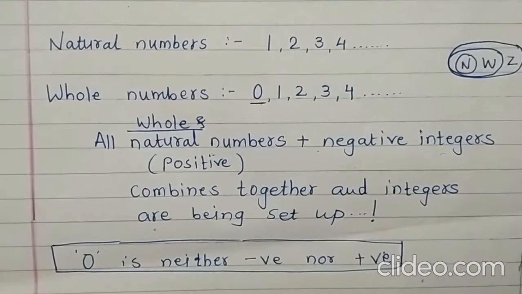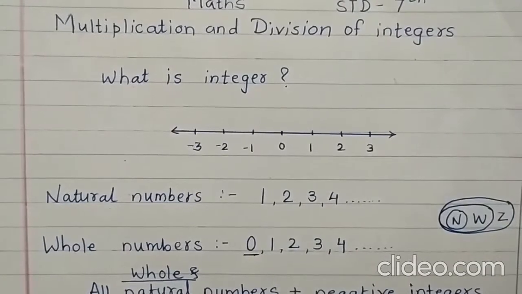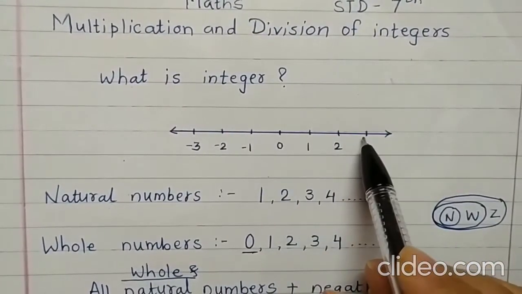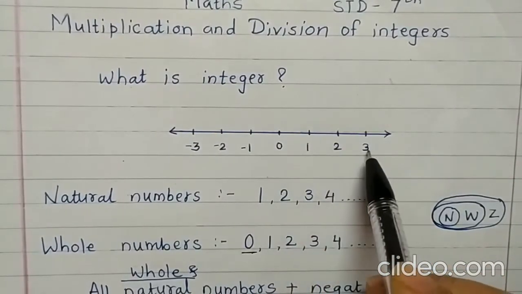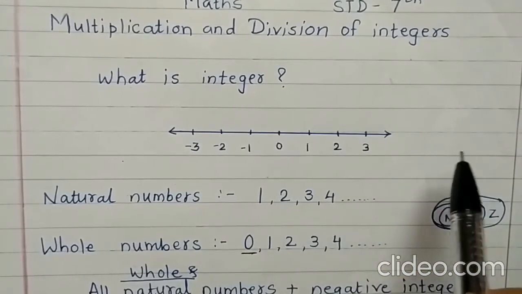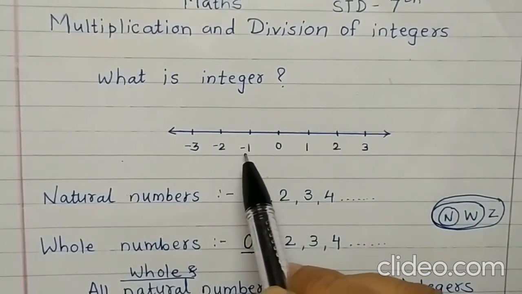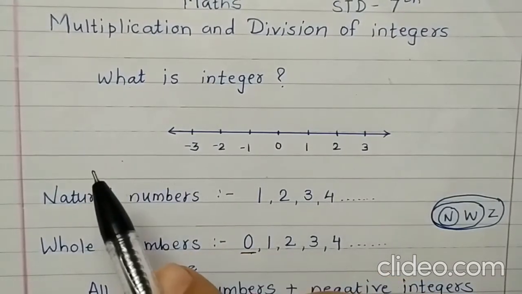In 6th standard you must also have seen a number line. On a number line, from 0 to its right side all positive numbers are there: 1, 2, 3, 4, 5, 6 and so on, and from 0 to the left side -1, -2, -3, -4 and so on.